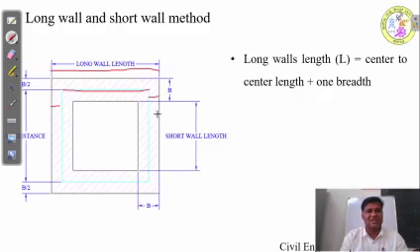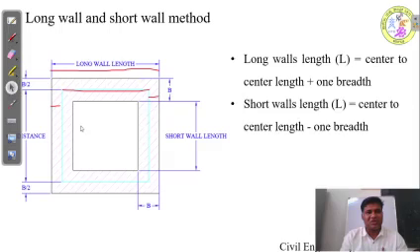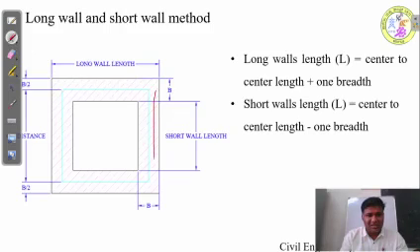Similarly, the short wall's length is calculated as the center line distance, from here to here, minus one breadth, meaning this half and this half constitute one breadth. This will be deducted, and I get the short wall length.